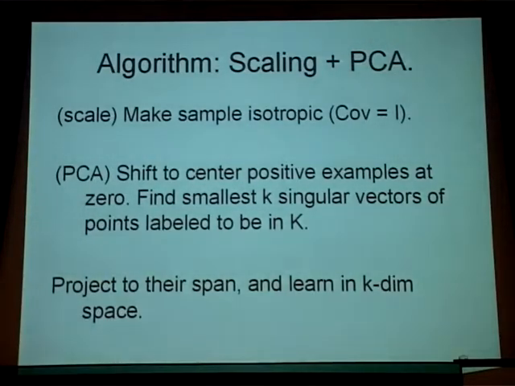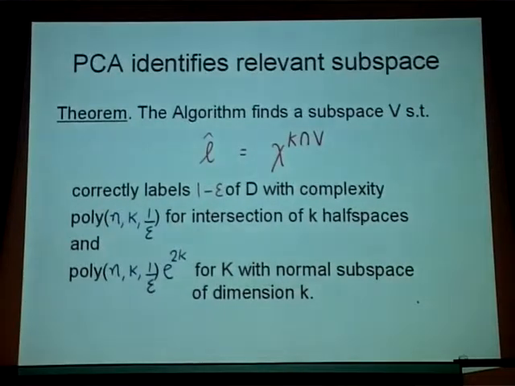So now you have a k-dimensional problem, and the claim is this span of the smallest k singular values is in fact very close to the true relevant subspace. And I will actually try to indicate why that's the case. So this is just stating what I just said, that you can figure out this subspace by applying that algorithm. In the case of k half spaces, you only need a polynomial number of samples, and for general convex sets with normal subspace of dimension k, you need exponential in k, polynomial in n.